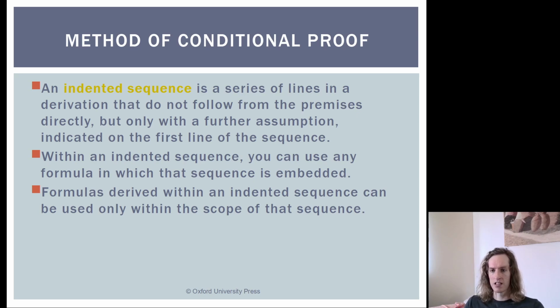Within an indented sequence, you can use any formula in which that sequence is embedded, and formulas derived within an indented sequence can be used only within the scope of that sequence. So all of these things that we're doing inside a subproof only apply to that subproof. At the end of the subproof, we can discharge something, and then we can use that elsewhere. But the stuff that's going on inside the subproof stays inside the subproof.